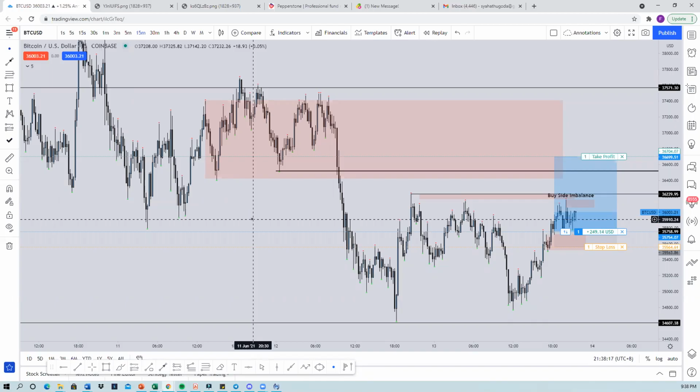But if you try to trade outside of the session, it's highly unlikely that imbalances will be filled in as quickly as you expect, because we don't have smart money chasing liquidity. If you don't have smart money chasing liquidity, then it will take some time for certain things to happen. Like for example, Bitcoin. See how long it's taking.